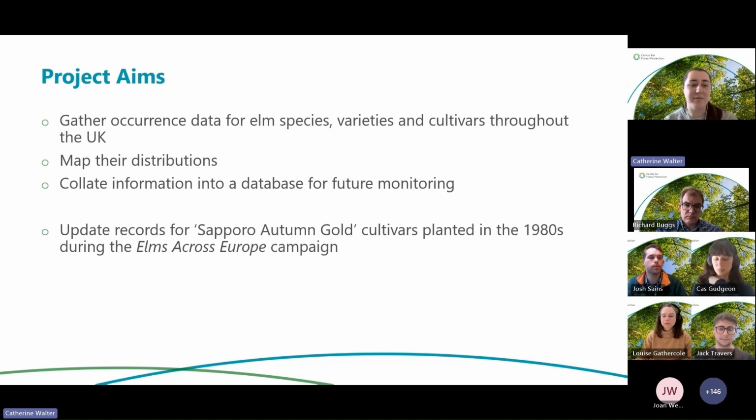I also set out to update records of Sapporo Autumn Gold cultivars that were planted in the 1980s as part of a campaign that distributed them to schools around the country. This would be a great opportunity to collect data on mature cultivars, as many of them are particularly new. This is a knowledge gap that would help determine their long-term suitability.